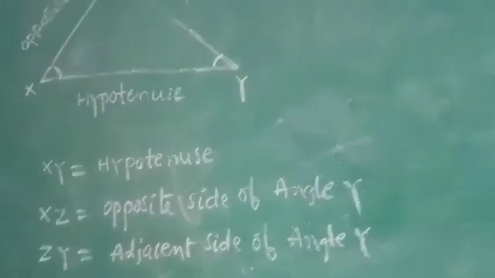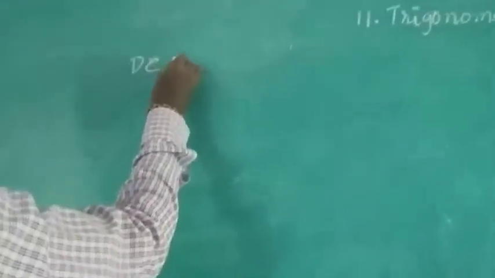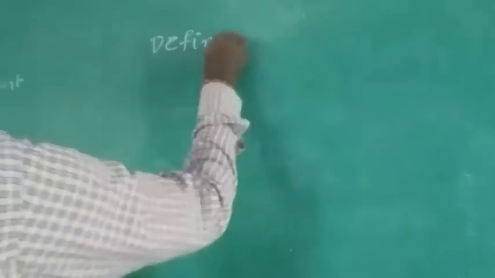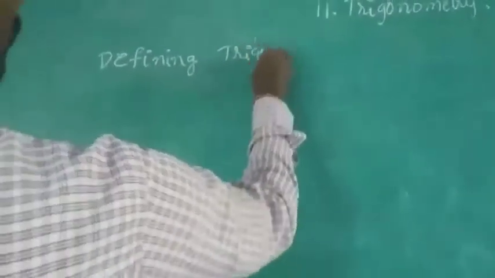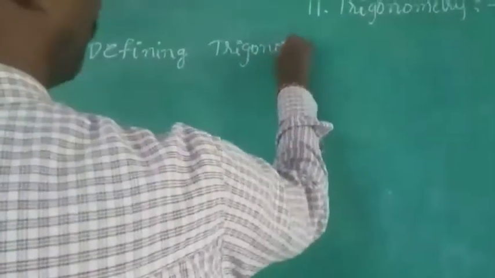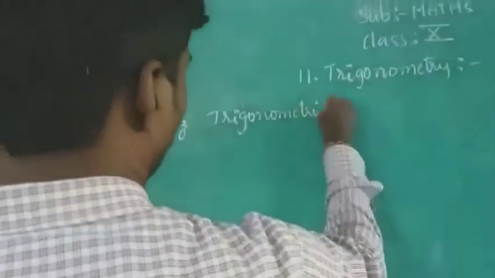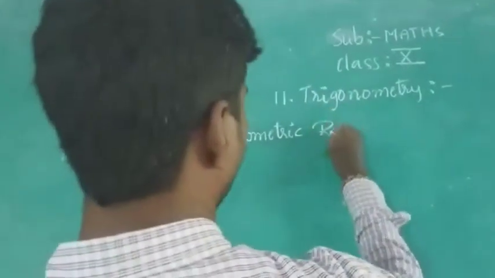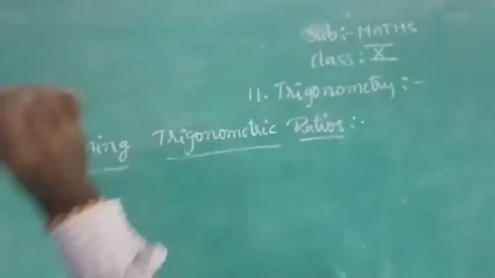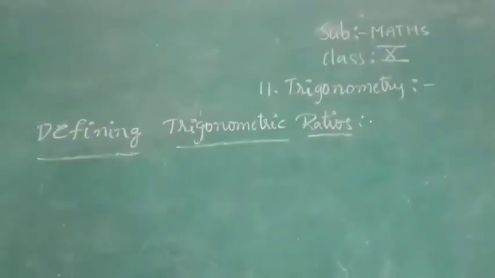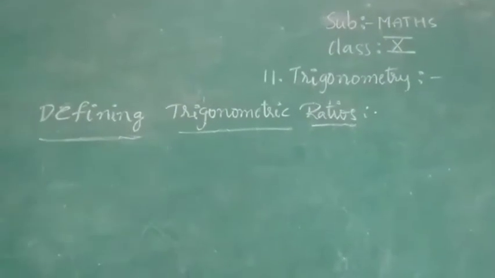The next topic is defining trigonometric ratios. We can define trigonometric ratios in a right angle triangle only.